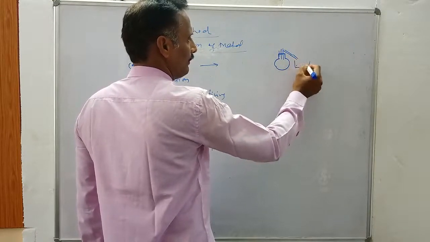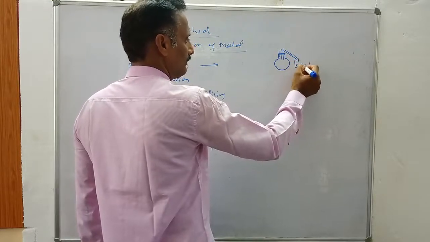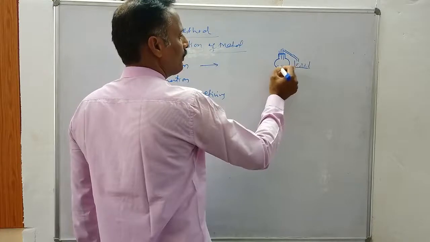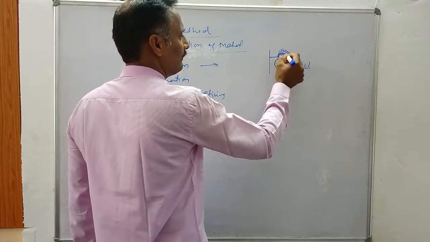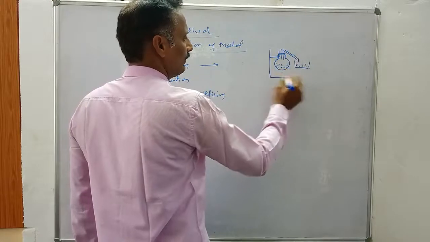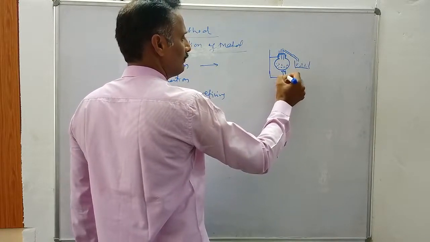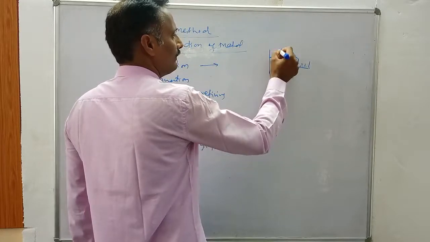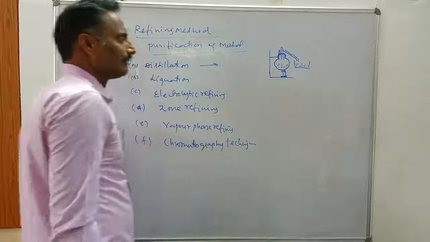The impure metal is taken in the flask, which is connected to the condenser, and a burner is kept below. This is the apparatus involved in distillation.